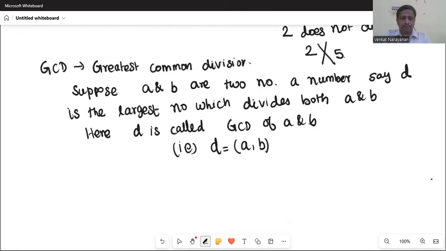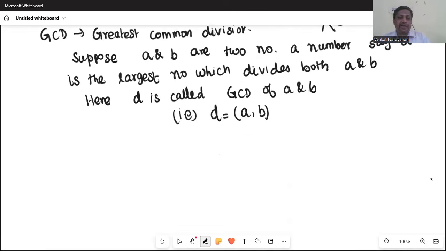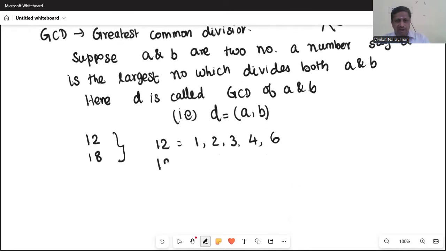Now take an example, 12 and 18. The factors of 12 are 1, 2, 3, 4, 6, and 12. For 18, they are 1, 2, 3, 6, 9, and 18.